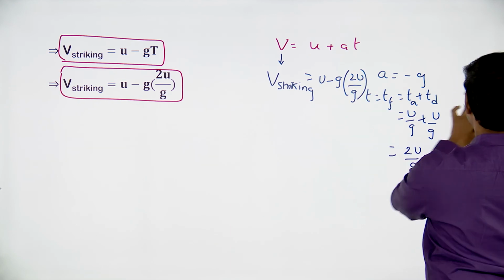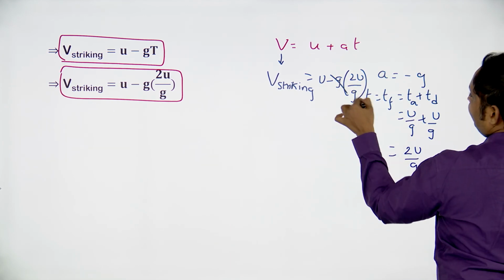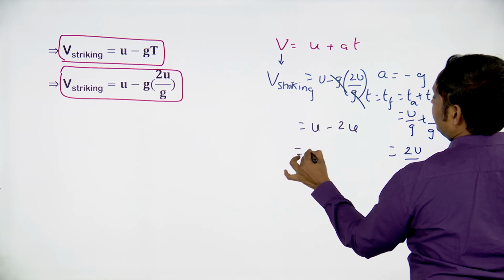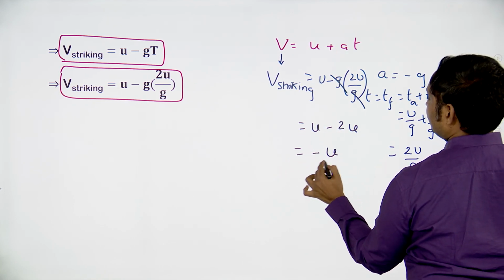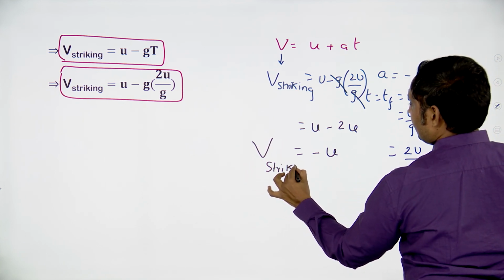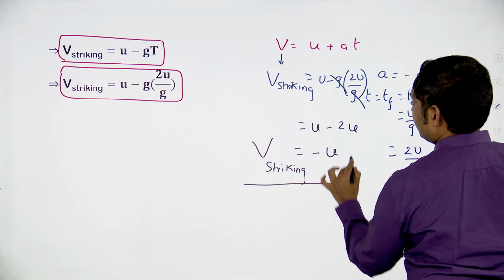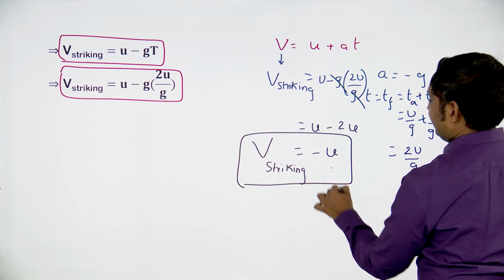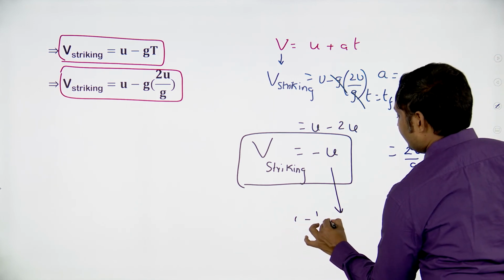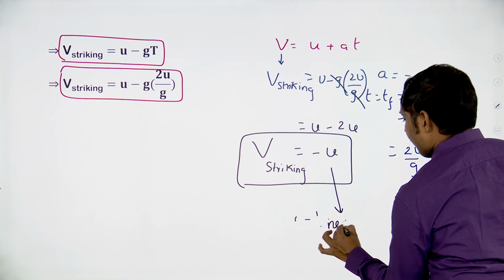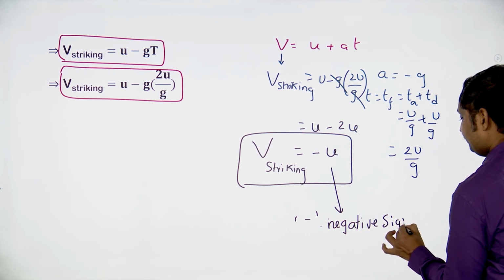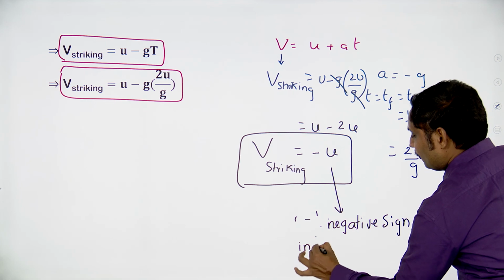It's very clear. We would like to go for the cancellation. That is u minus 2u, that is minus u. V striking is equal to minus u. It reaches the ground with the same velocity, but the negative sign indicates the opposite direction.